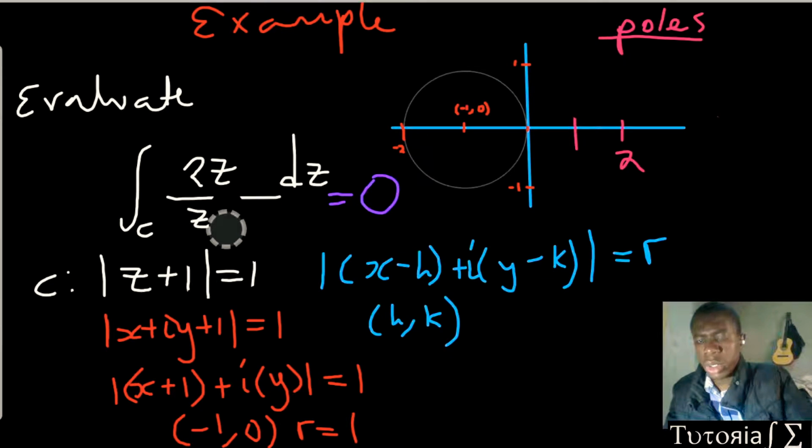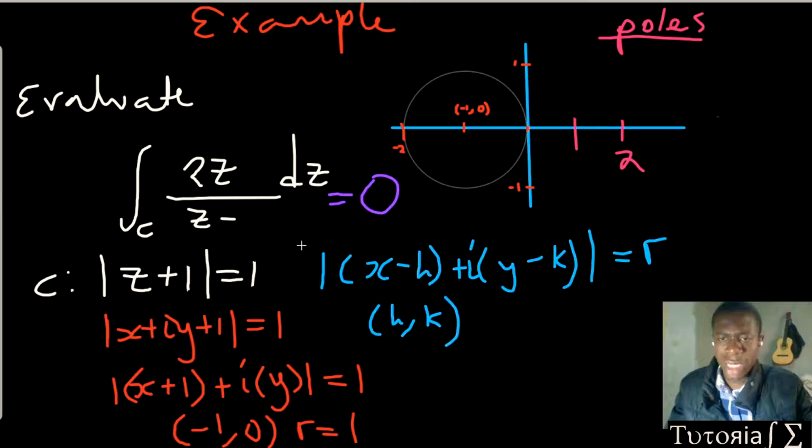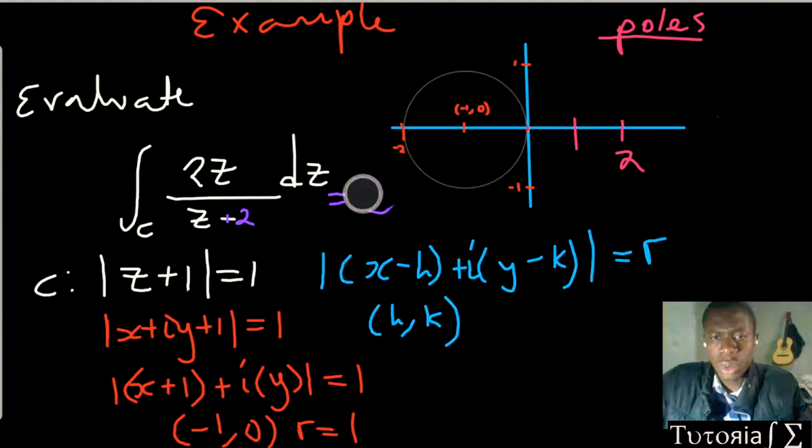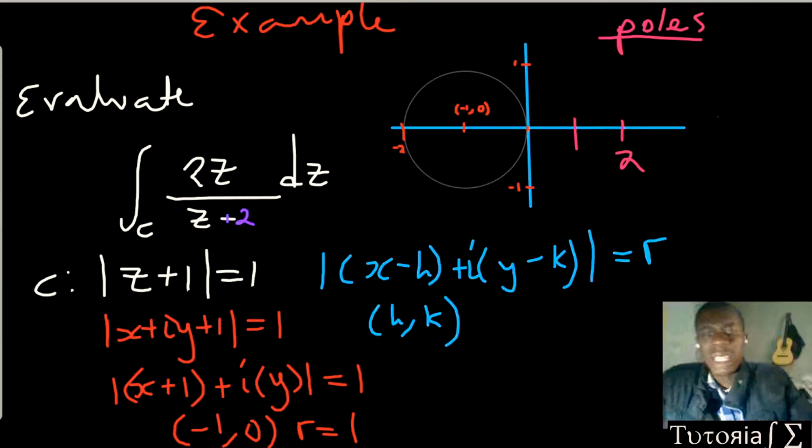Suppose here we had z plus 2, right? Z plus 2, okay? Suppose we had z plus 2, then the pole would be at z plus 2 equals 0, meaning that the function is undefined at negative 2.